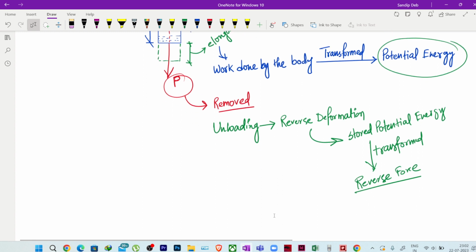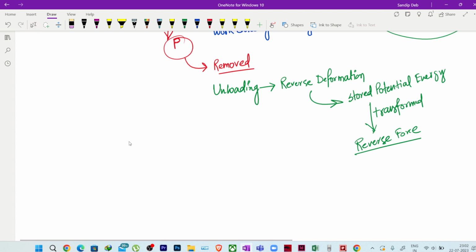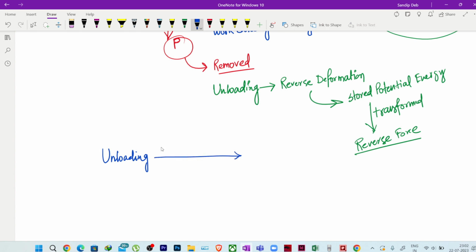So now what I will say, this reverse deformation after unloading. Let us see the phenomena totally. Unloading, then this transformation of potential energy, P, I have written, will create a reverse deformation.